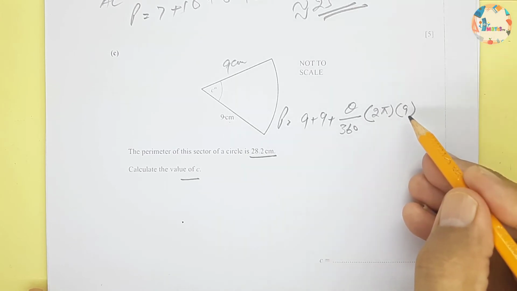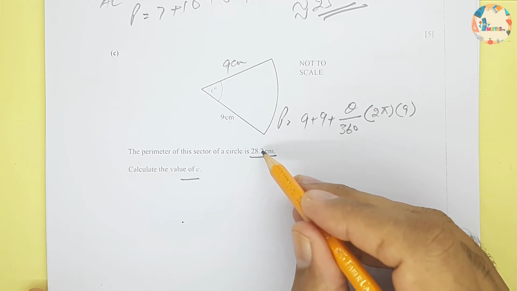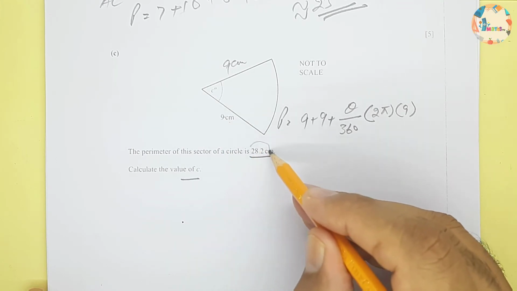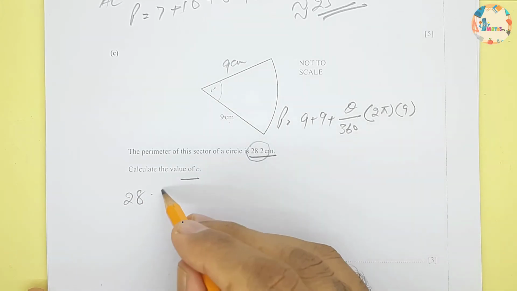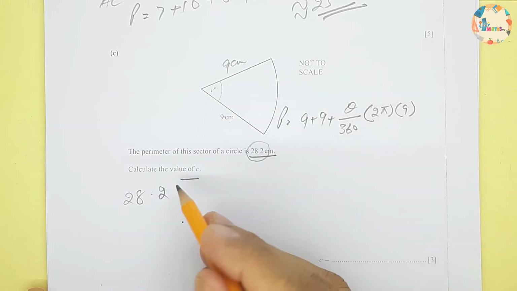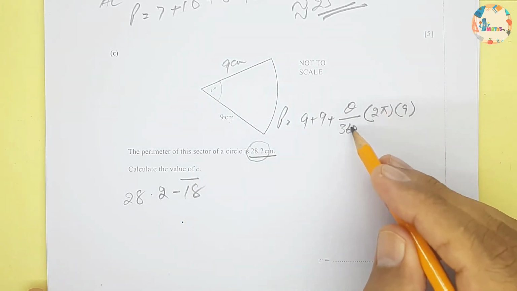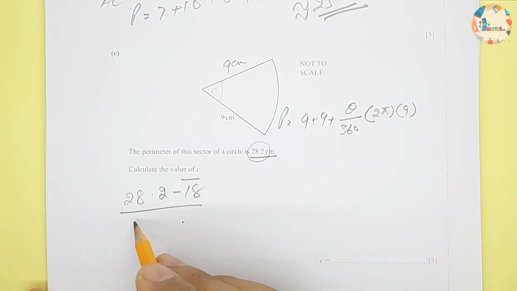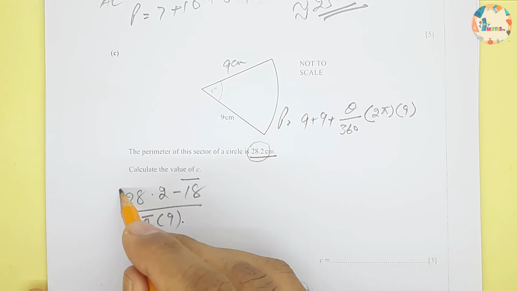Now what we can do is simplify this. The perimeter of this sector of a circle is this one. So the perimeter is provided, we'll replace this. So 28.2, and these two we will shift to this side, minus 18, and these things will shift to this side, and this will be 2 pi into 9, and this 360 will go as numerator.